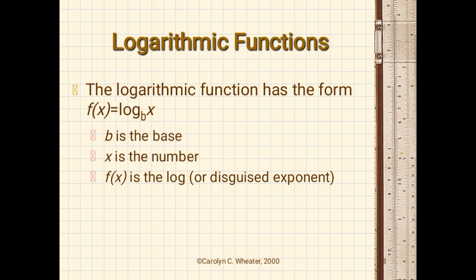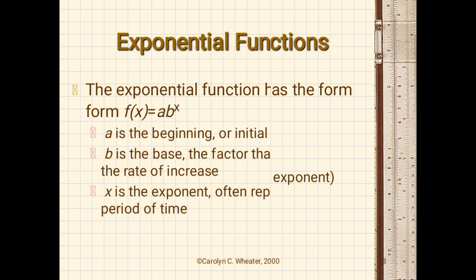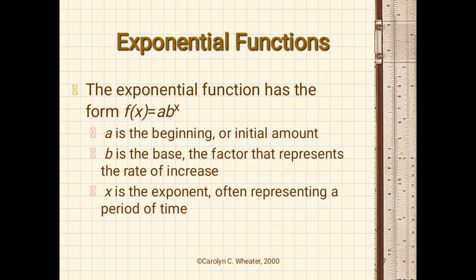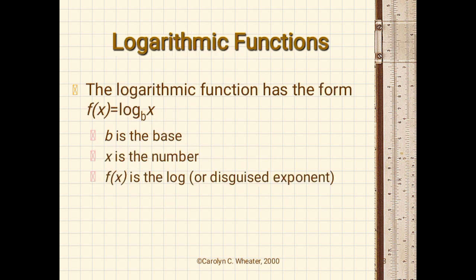So b is the base, x is the number, and f of x is the log, or disguised exponent. Difference jud sila kay ang exponential is f of x is equal to a times b raised to the power of x, and the logarithmic function is f of x is equal to log base b of x.